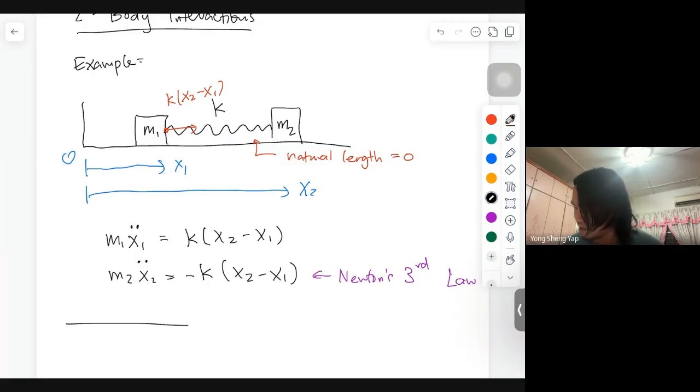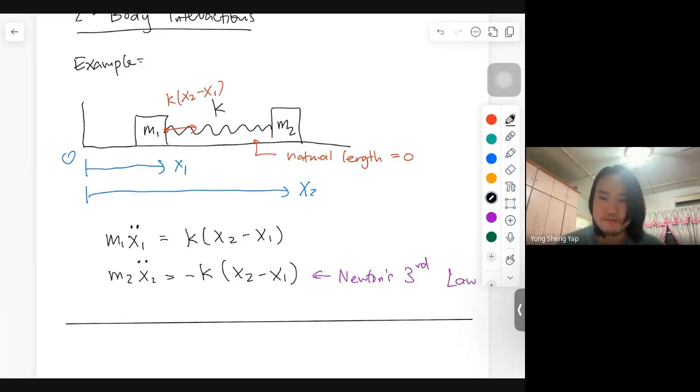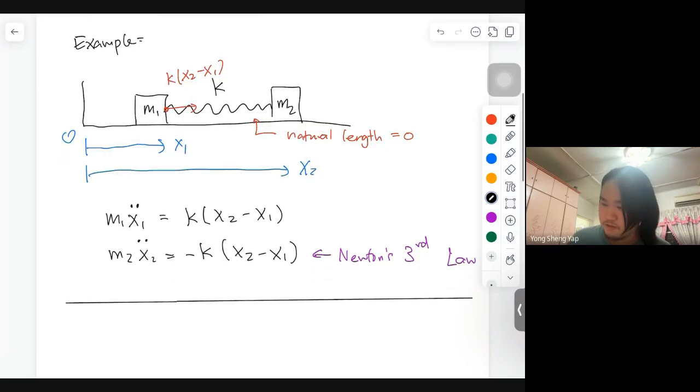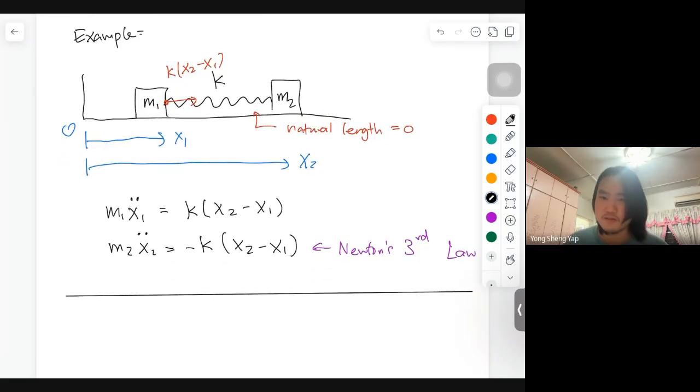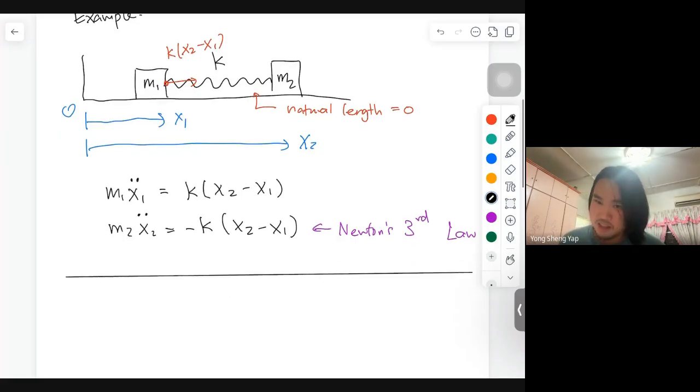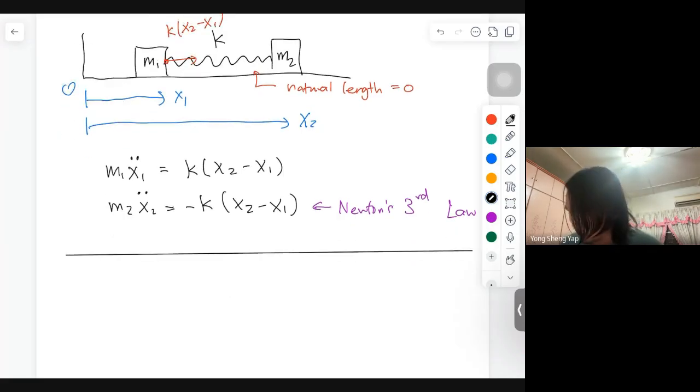What can you do to understand the dynamics of the system? Does anyone have an answer? Okay, if not, I'll just give it away.